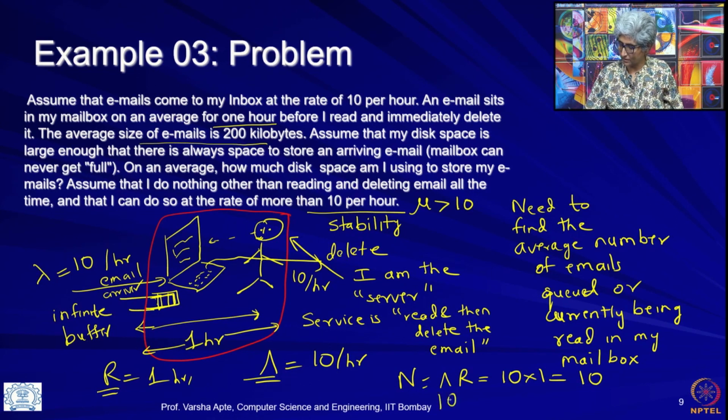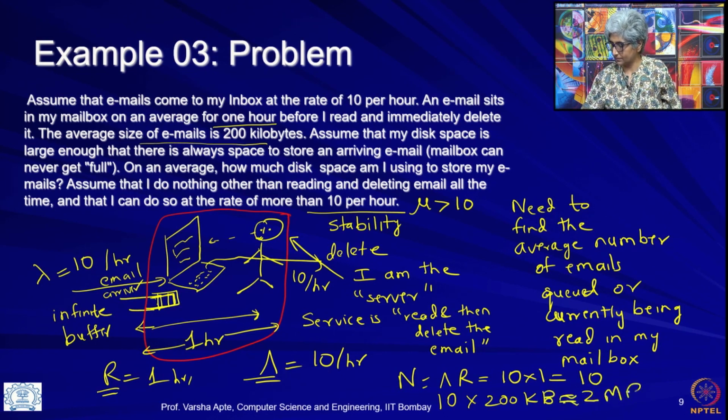So 10 multiplied by 200 KB will be 2000 KB, which is around 2 megabytes. Okay. So again I can use Little's law to answer this question.